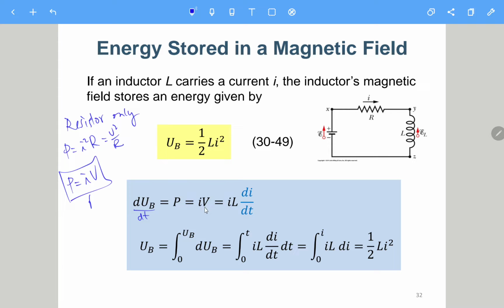So we have P equals IV, and as I mentioned, V is L dI/dt, so we have I L dI/dt.